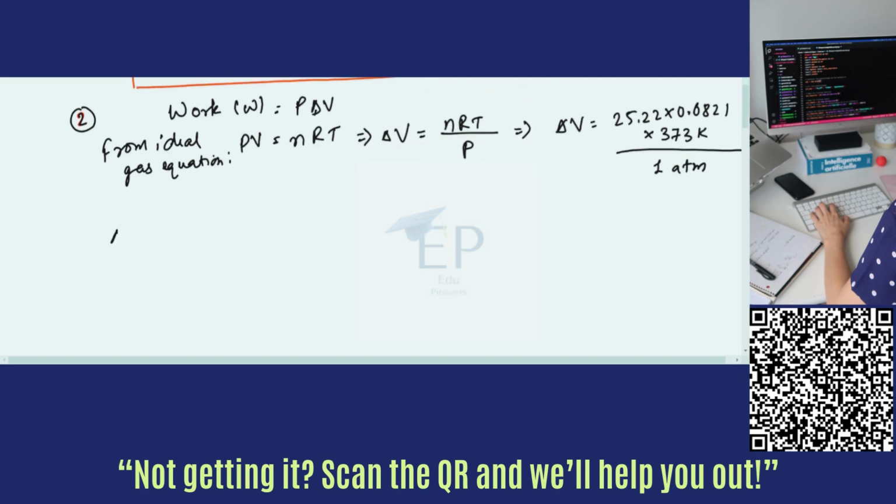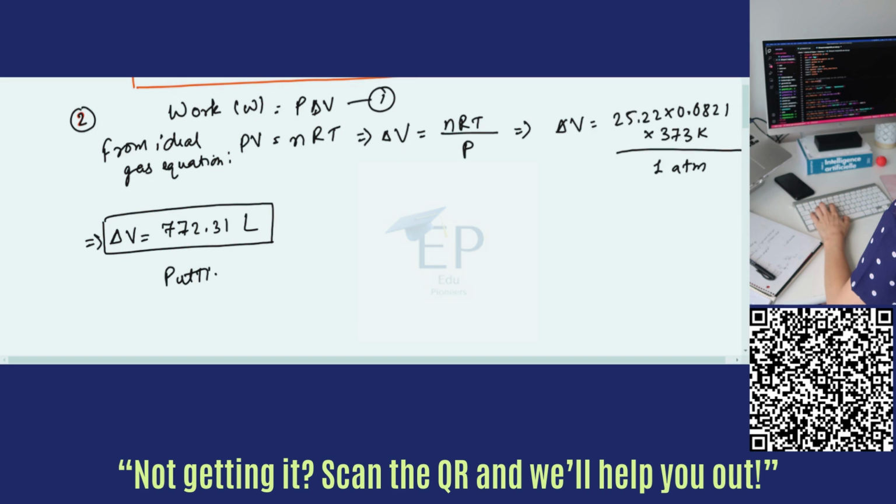Now this comes out to be del V equals 772.31. This is in liters, right? So we have got this. So we can put this value in equation 1.